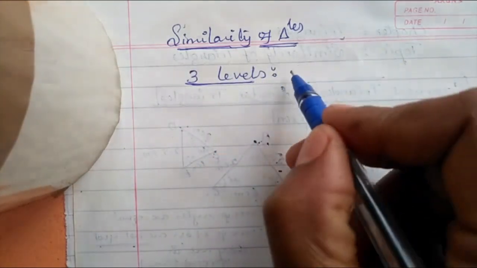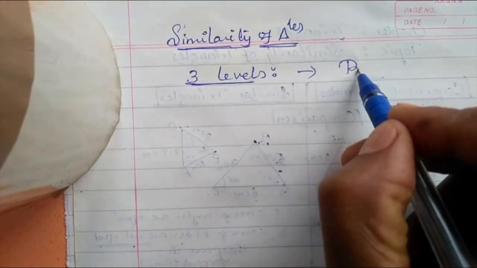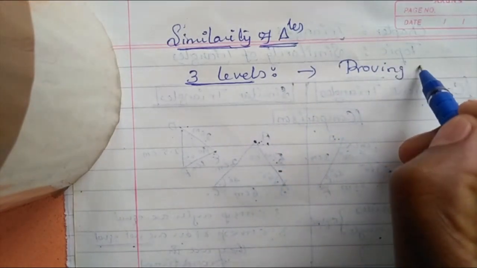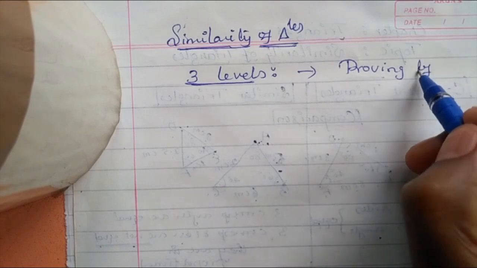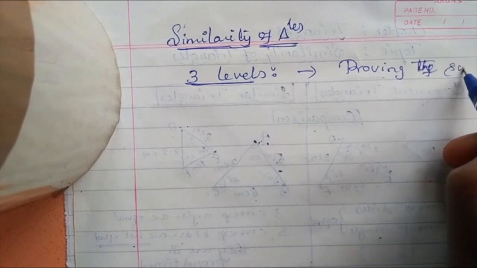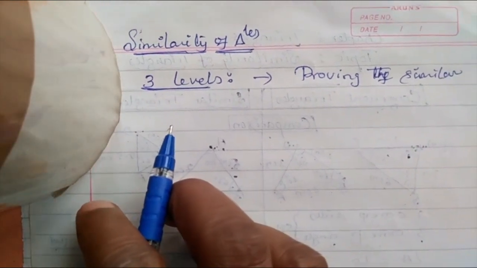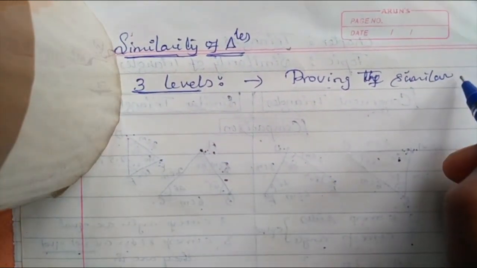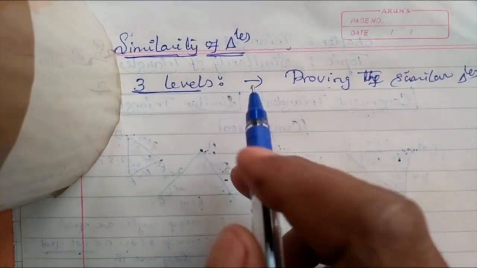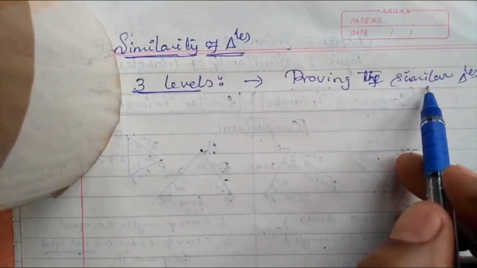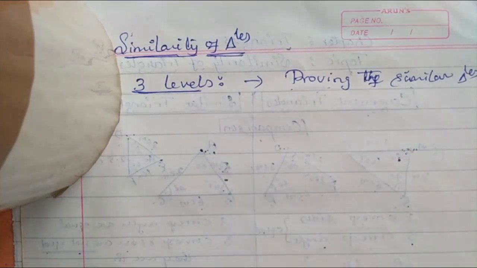First level is proving the similar triangles. First level is proving the given two triangles are similar, like congruent.